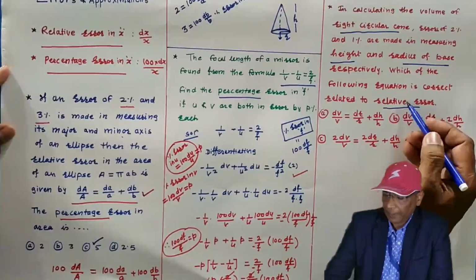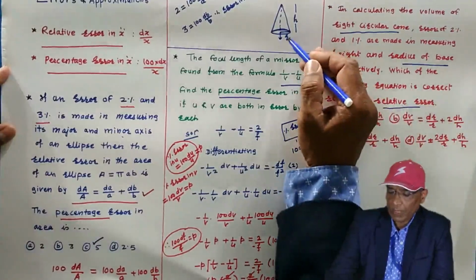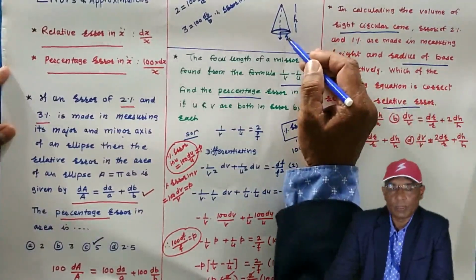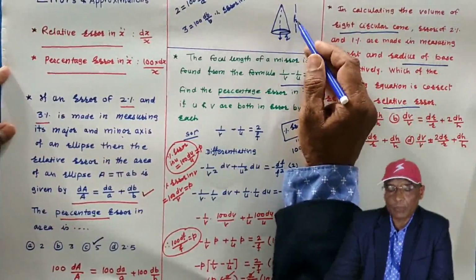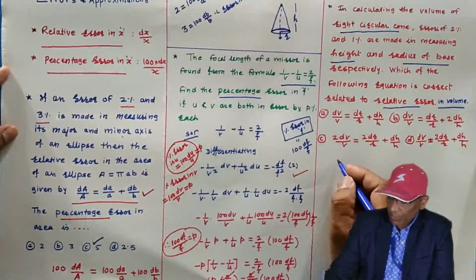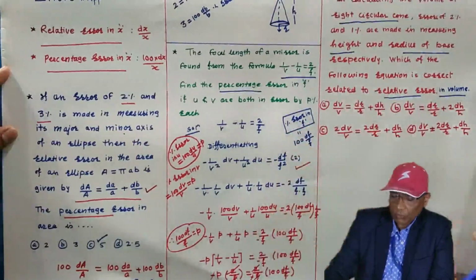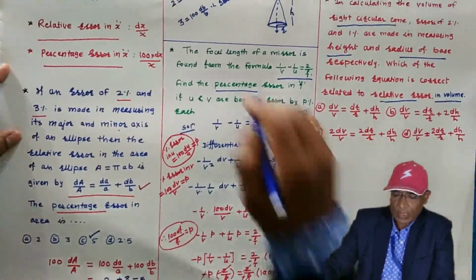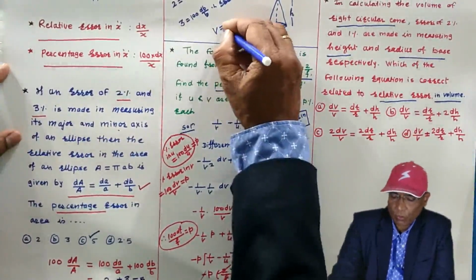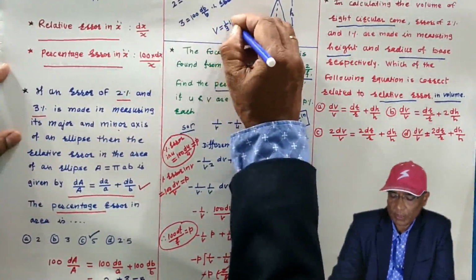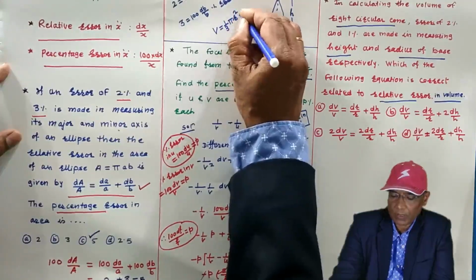Here, there are two parameters: the radius of the base of the right circular cone and the height. The volume of a right circular cone is 1 by 3 pi r square h.